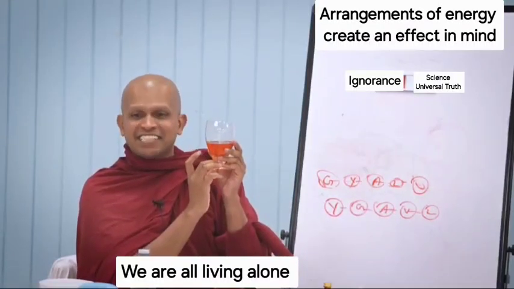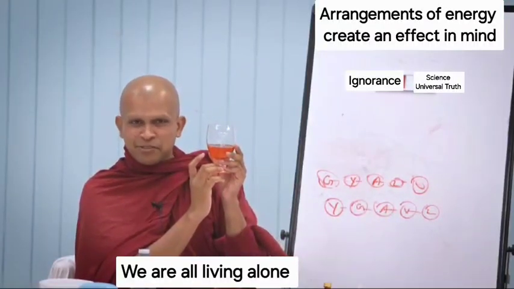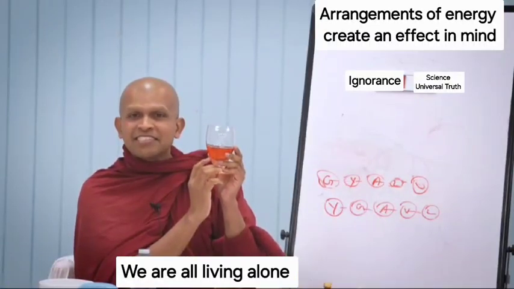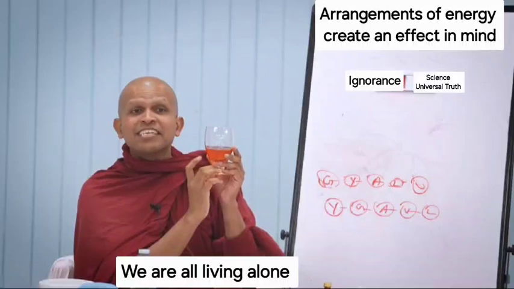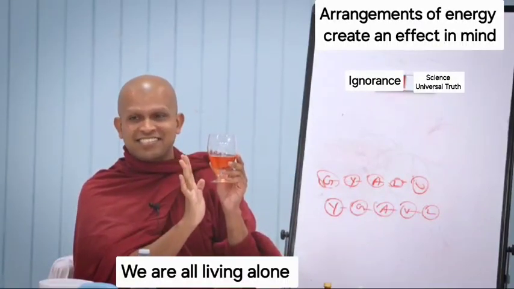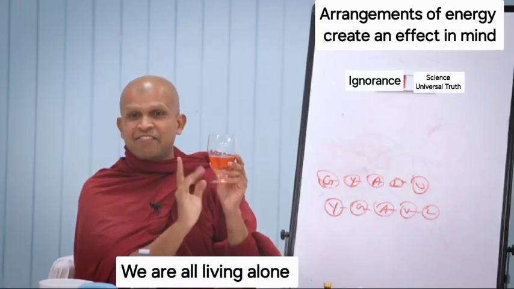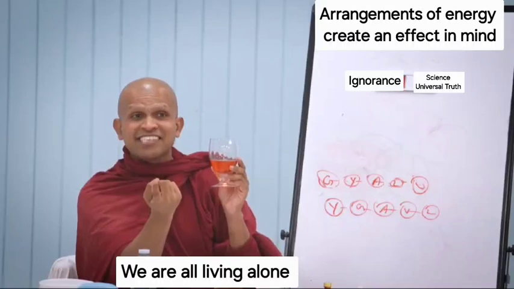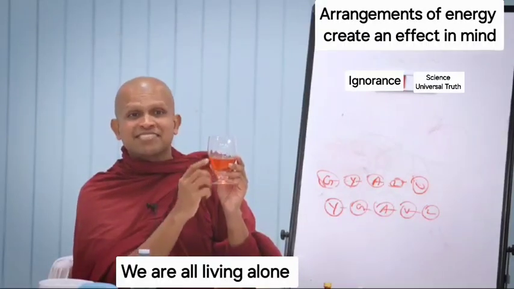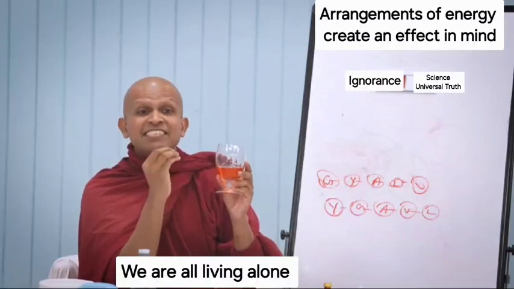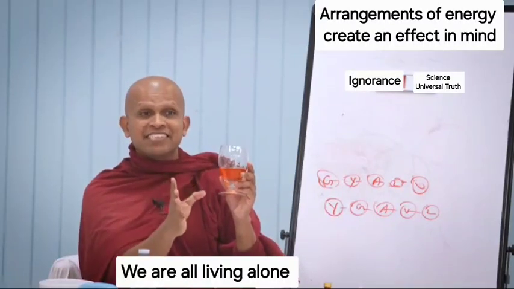Listen. I'm going to solve this now. These atoms, they don't possess any color. They are colorless. What you see right now is the image, not the atoms. Image is created in the mind.